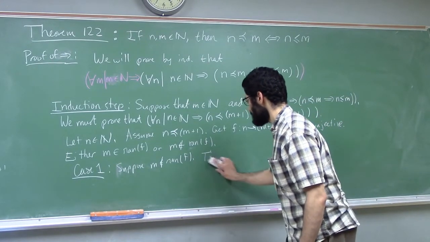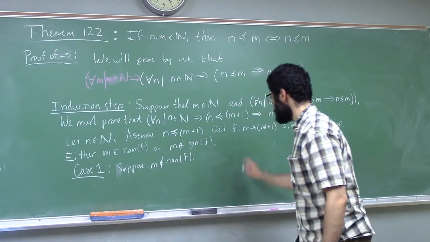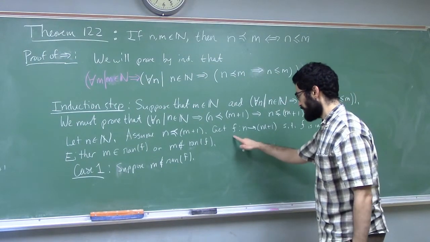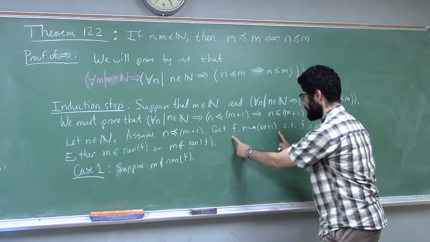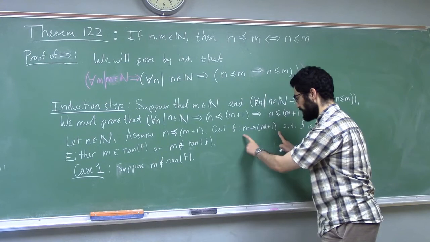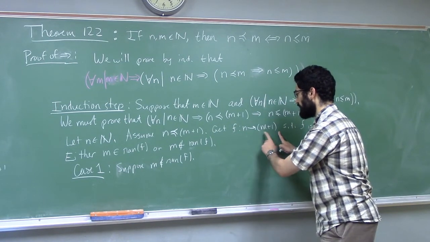So maybe I should write that as a claim. I want to show f is a function from n to m. I already know f is a function due to this mapping statement here. I already know the domain is n due to this mapping statement here, but my claim would be then that the range of f is a subset of m.